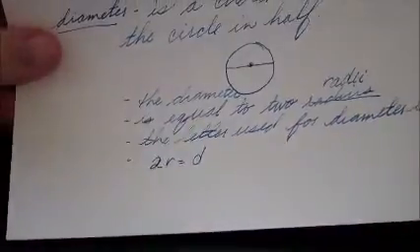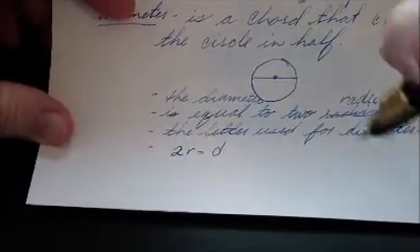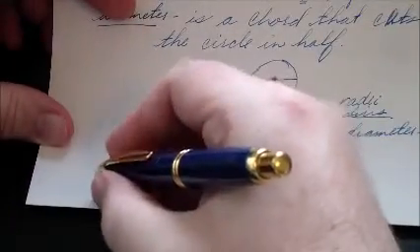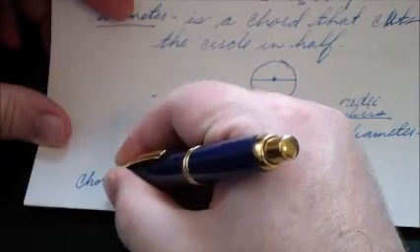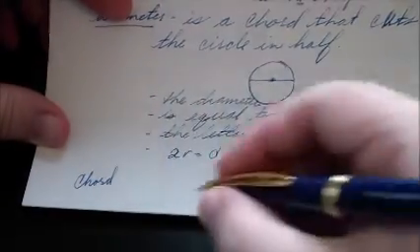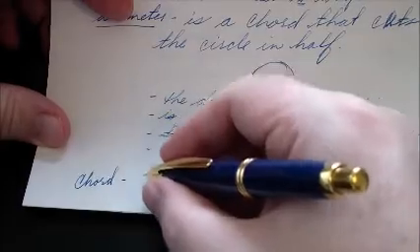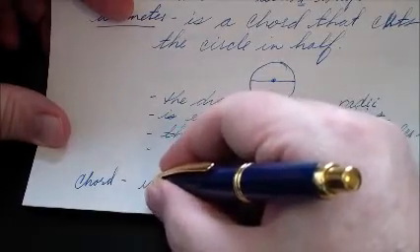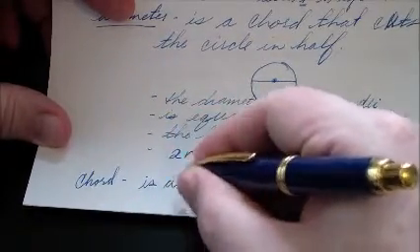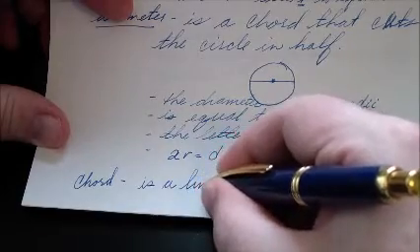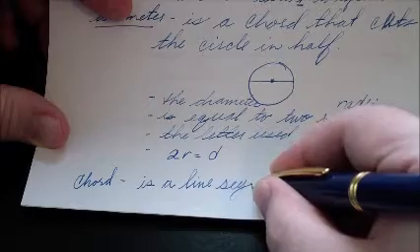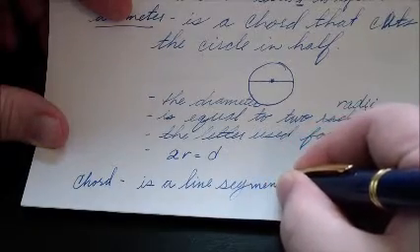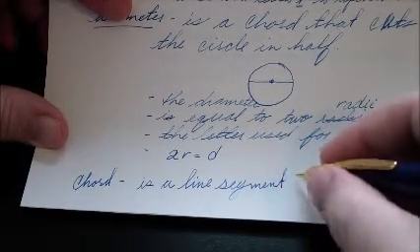Alright. I gave you a word here, and let me just give you the definition. Chord is a line segment from one side of the circle to the other.